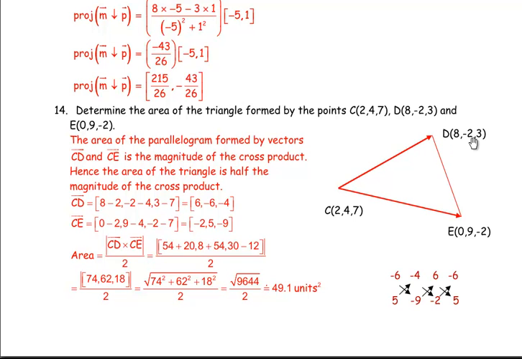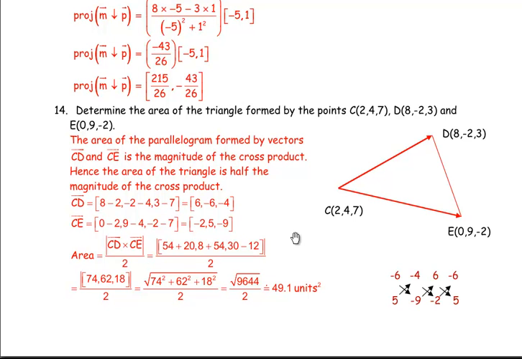I'm going off the screen here a little bit, I know I am, but that whole parallelogram. If you take the magnitude of the cross product of those two vectors, it's the area of that entire parallelogram. Now, we only want the triangle, so we would take half of that magnitude.